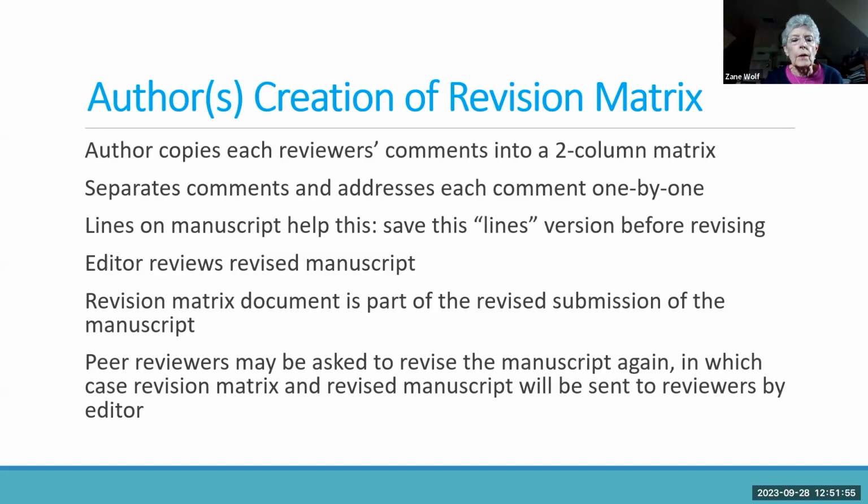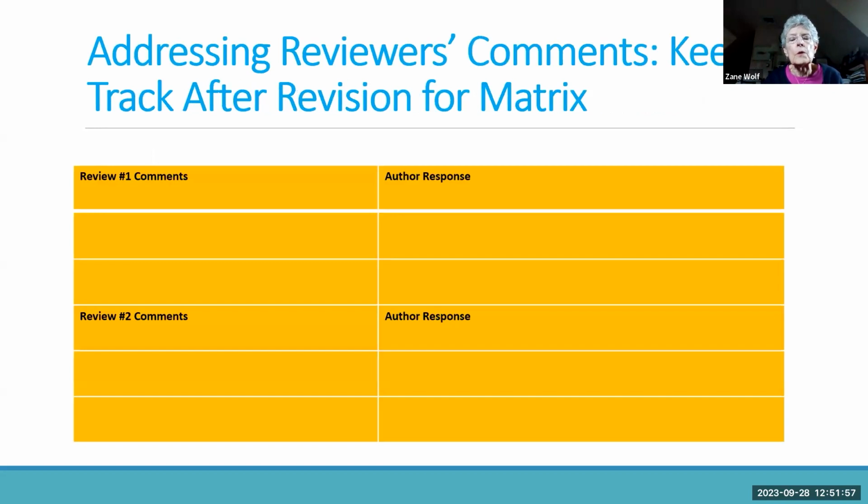So this is important. The reason I'm including this today is because you might be asked to do a second review on a paper. And that happens a lot, I think. Because of that, you're going to have to deal with the matrix, hopefully, that the authors send. Some journals are more explicit about the format than others, but this is very important.